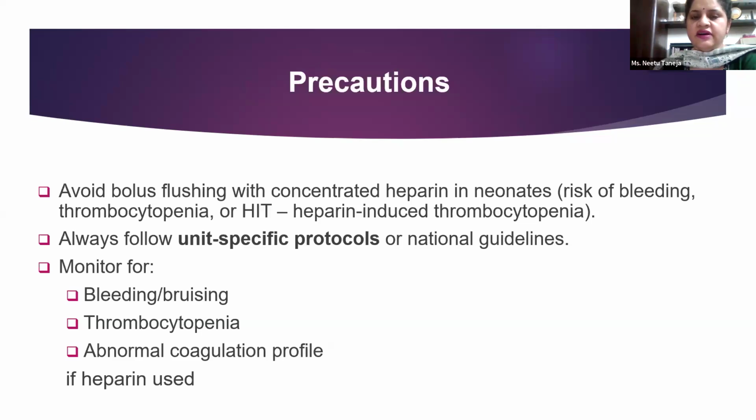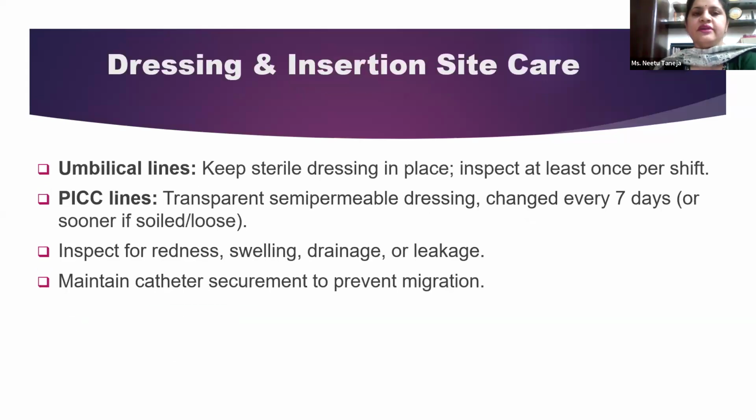Because sometimes these heparinized salines can be flushed, so you have to take care of this very diligently, because heparin can cause bleeding and thrombocytopenia. So all these things need to be taken care of, and always, as I told you, unit specific protocols need to be followed. So again, if you are giving even low dose heparin, you have to look for bleeding, thrombocytopenia, and even the coagulation profile needs to be checked.